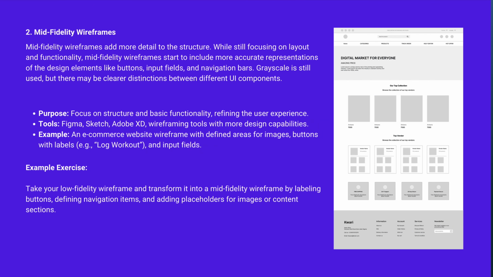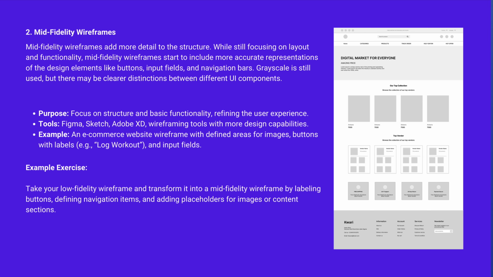The next type of wireframe here is the mid-fidelity wireframe. Mid-fidelity wireframes add more details to the structure while focusing on layout and functionality. They start to include a more accurate representation of the design elements like buttons, input fields, and navigation bars.